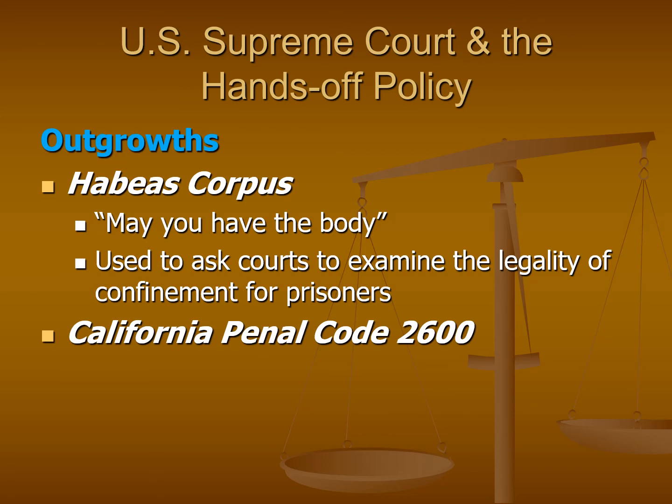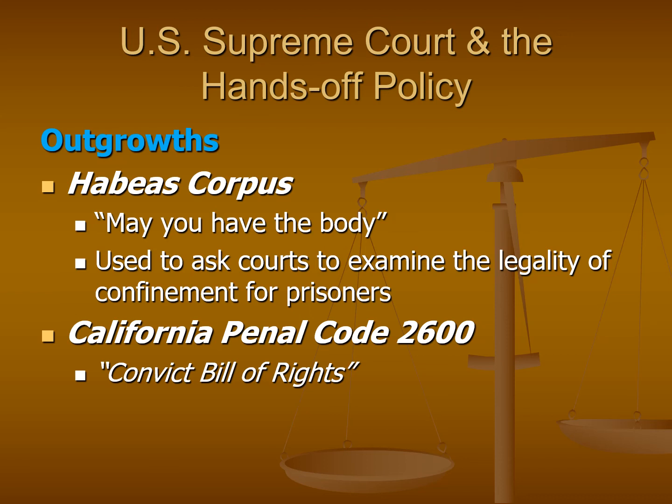In California, the end of the hands-off policy was codified under California's Penal Code 2600, which became known as the Convict Bill of Rights. It was a way of stripping away the old civil death and the hands-off policy we had seen in California, and it started to recognize that individuals under correctional control should have a Bill of Rights.